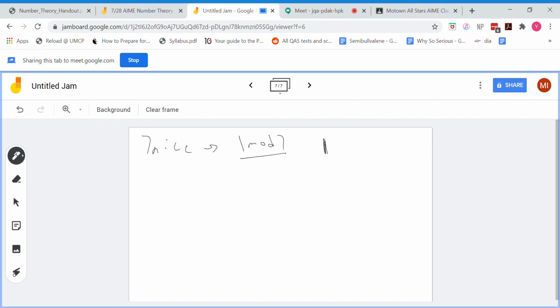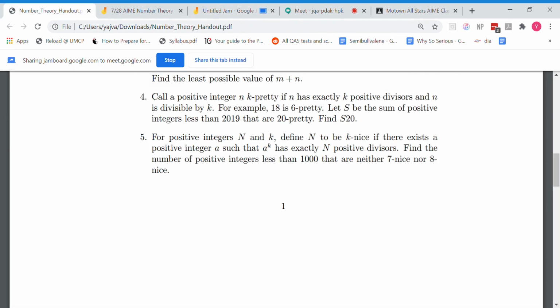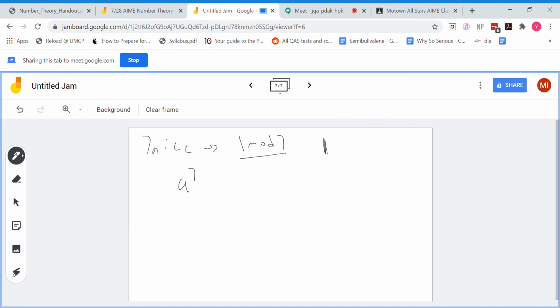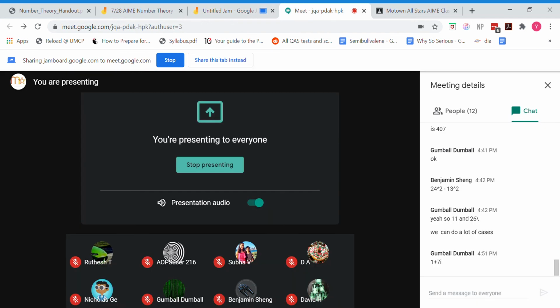Obviously 1, right? And which a to the power of 7 has exactly 1 divisor? That is obviously a equals 1. So 1 is a 7-nice number.